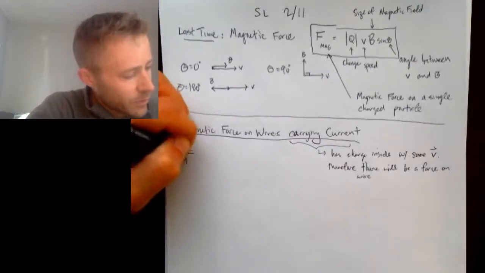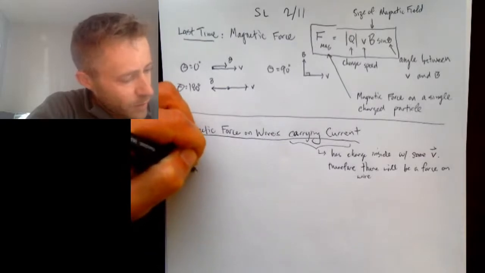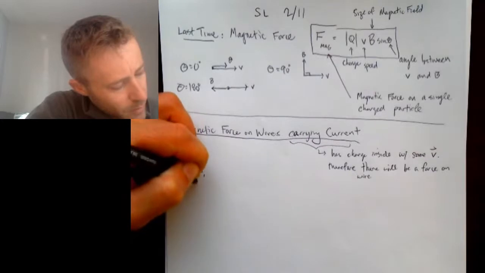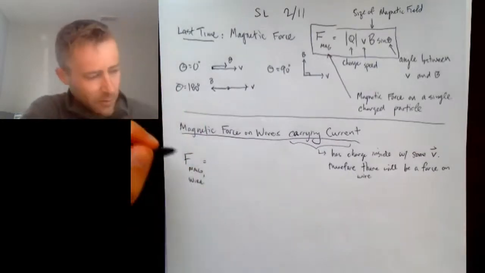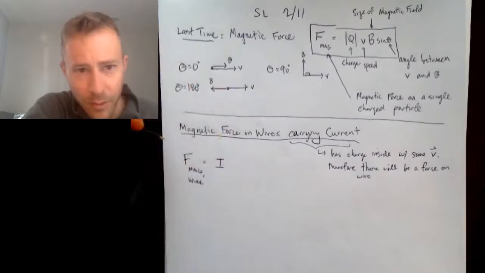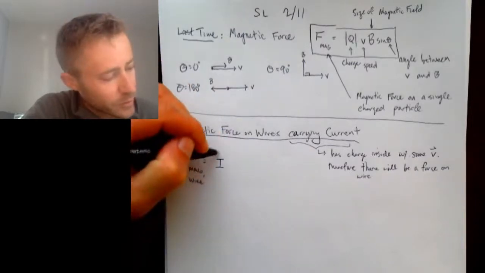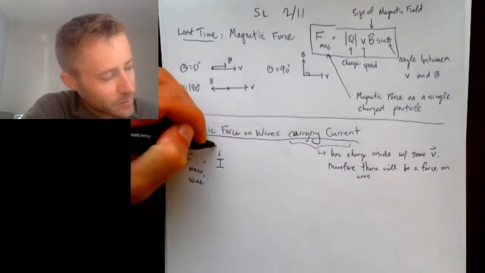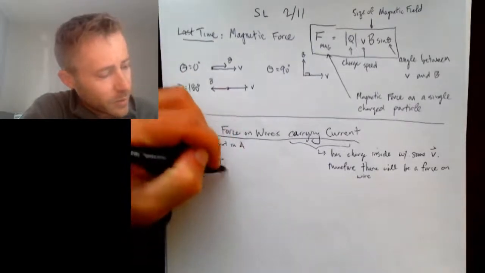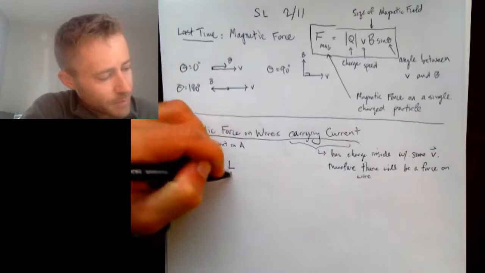So the magnetic force on a wire is the current, the amount of current, remember, current is measured in amps, times the length of the wire.